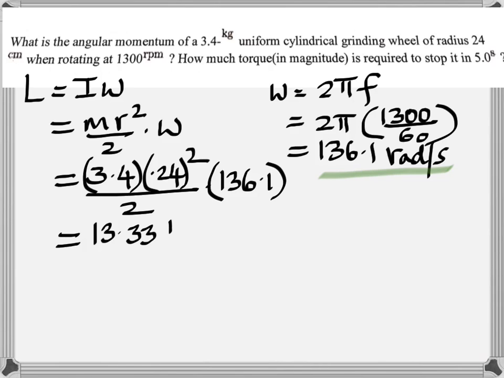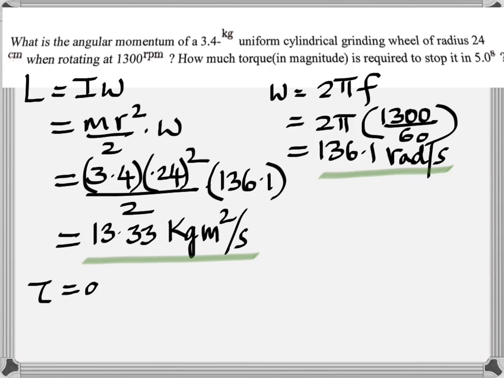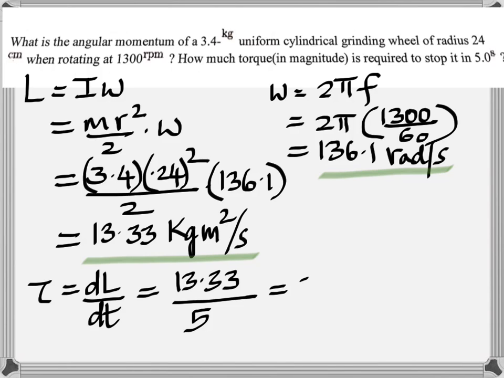That gives you the angular momentum as 13.33. And to find the torque is just the change in angular momentum divided by the time, the rate of change of angular momentum, 2.67.